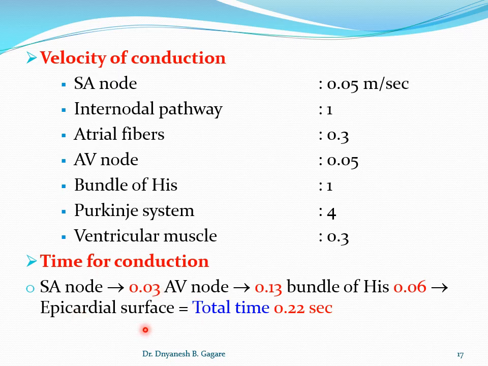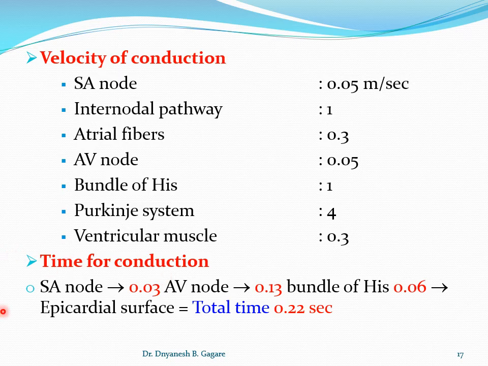For example, in heart blocks, where there are conduction blocks, the conduction time definitely increases, and we can easily diagnose how much is the normal figure, how much it is increased, and where the conduction block is.